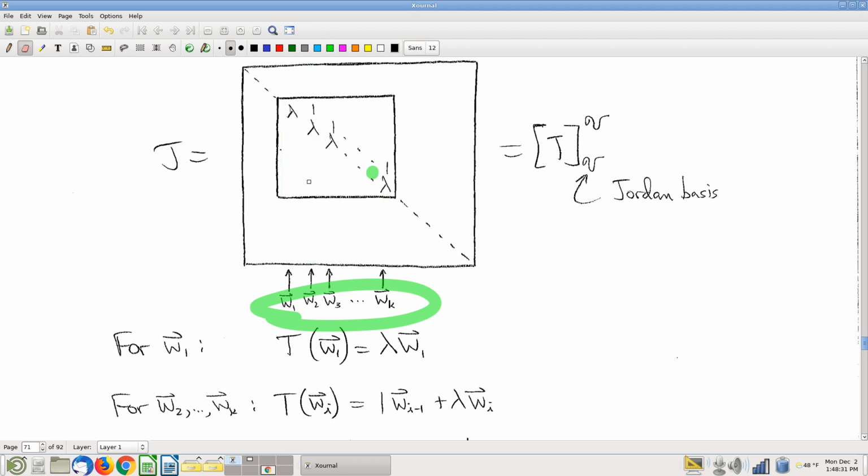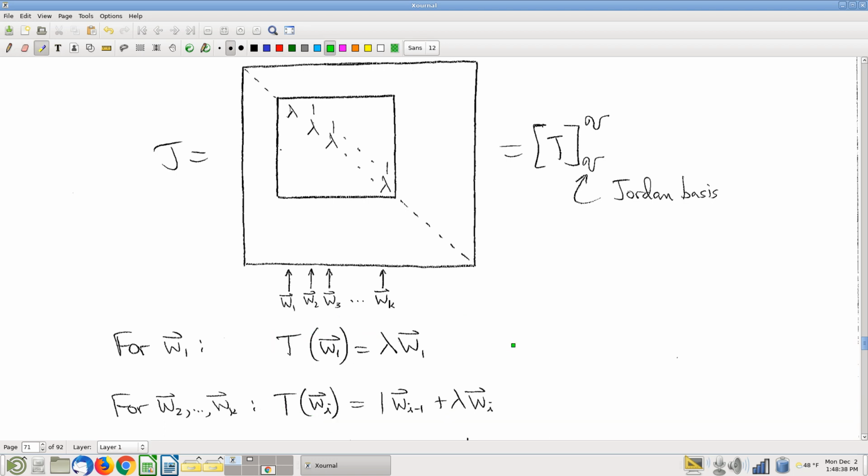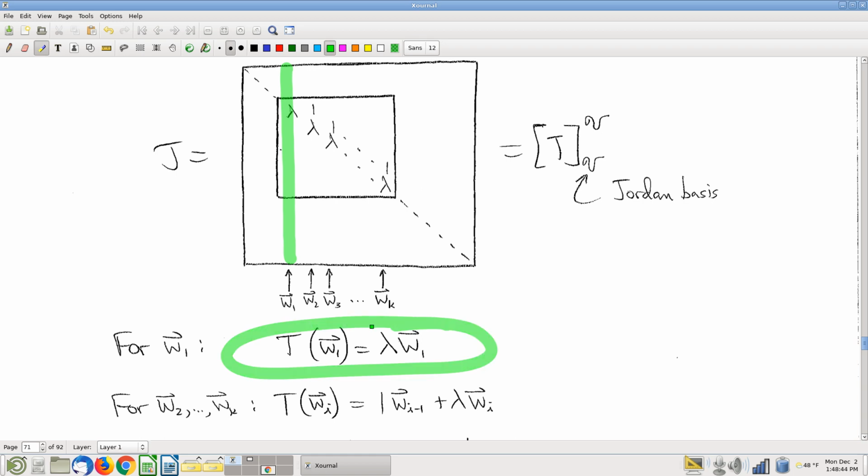And specifically, what these columns are telling me are these equations. Let's go through these one at a time. This first equation: there's a lambda in the diagonal position. The column this corresponds to is W1, so this is telling me about the image of W1, T of W1.